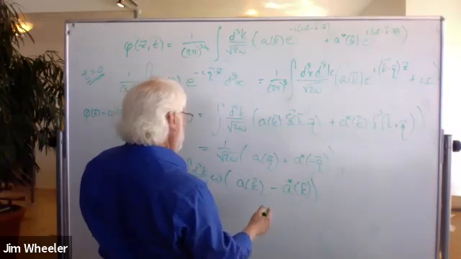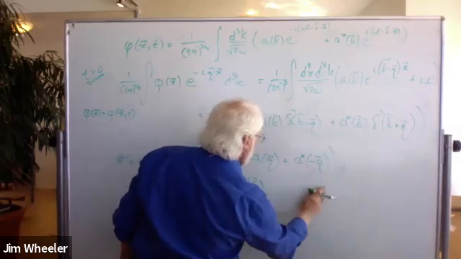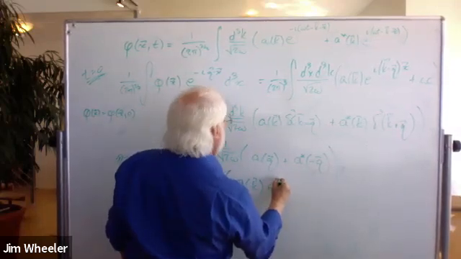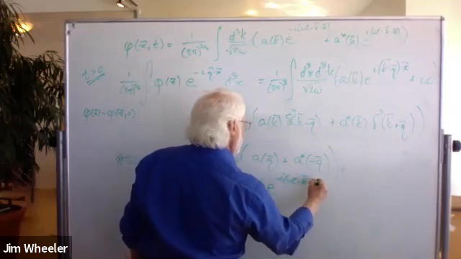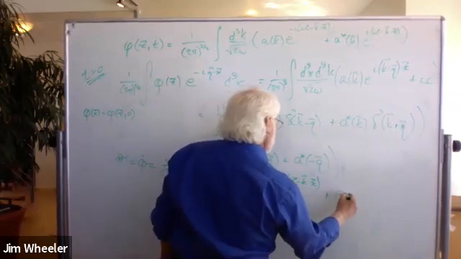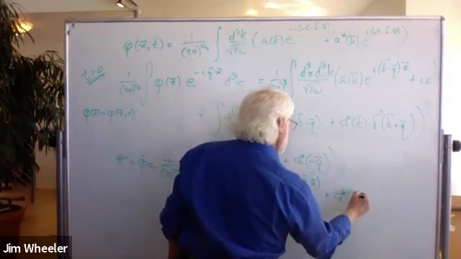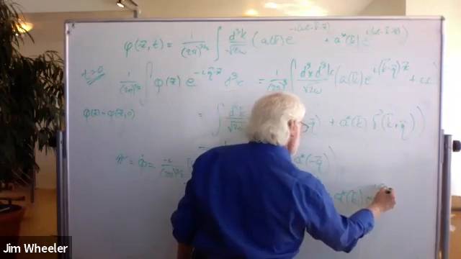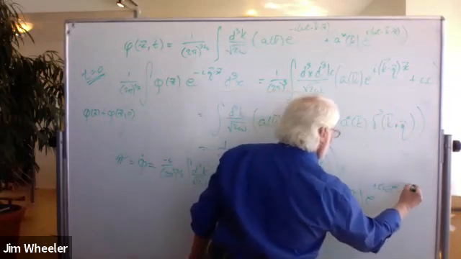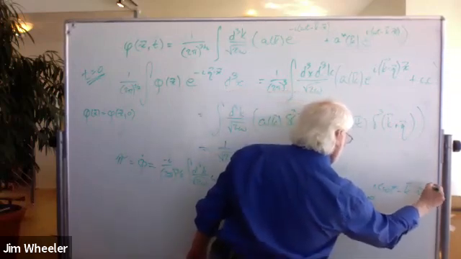And I've left off my exponentials. Whoops, sorry. e to the minus i omega t minus k dot x, plus a conjugate k e to the i omega t minus k dot x. And close paren.